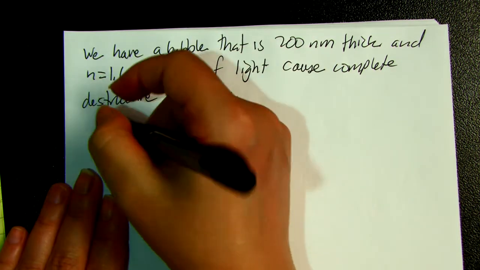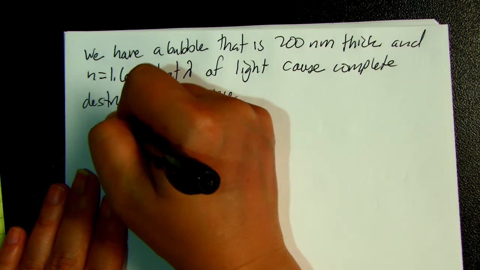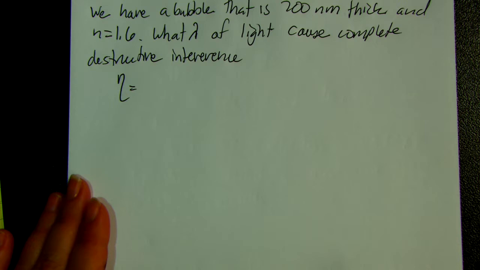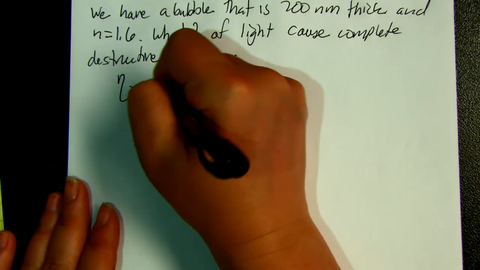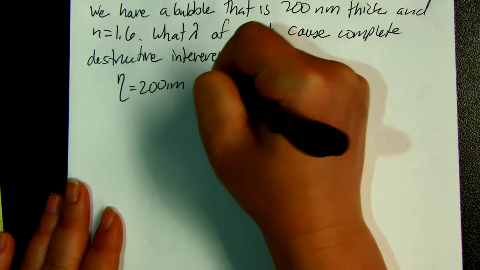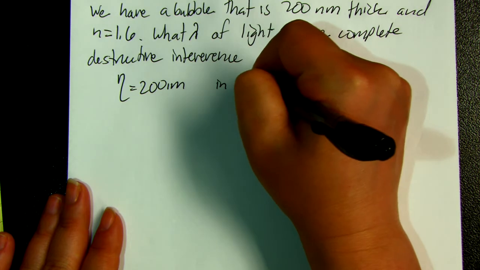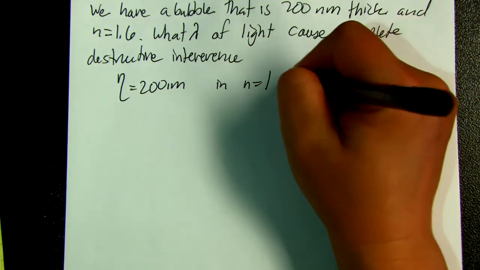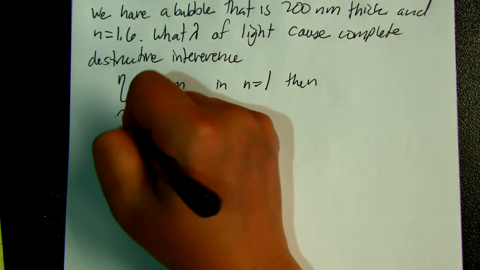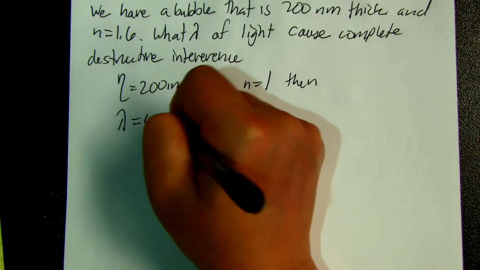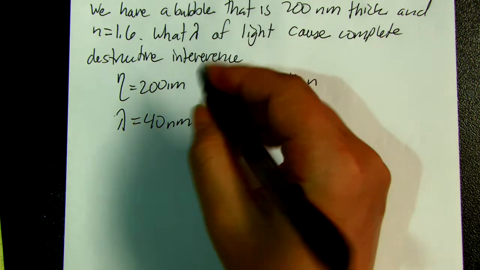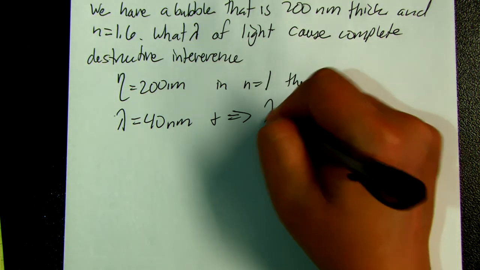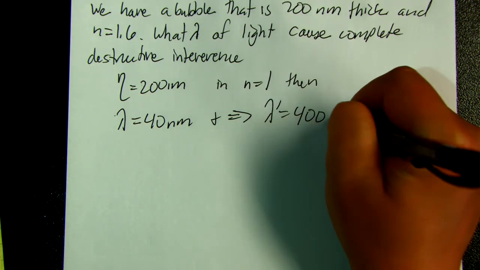All right, so I'm going to call the thickness eta. So we have 200 nanometers. If n equals 1, then lambda equals 400 nanometers. And that would imply that lambda prime is also equal to 400 nanometers.